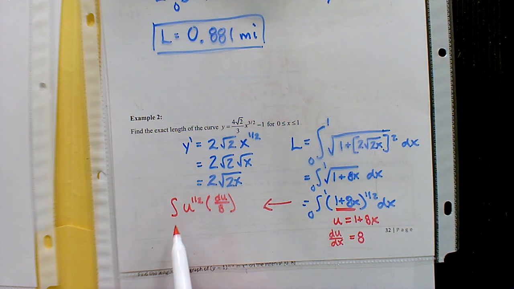So now, Cameron, we're going to use your rule. Add 1 to the power, which would be 3/2. Your coefficient is 1/8.